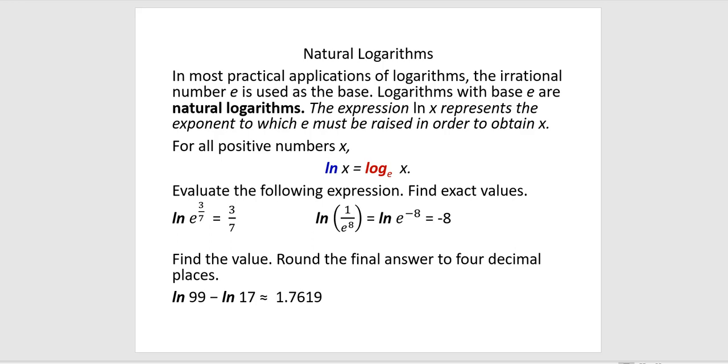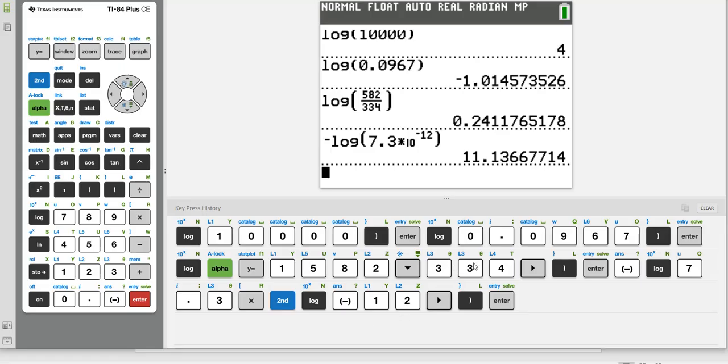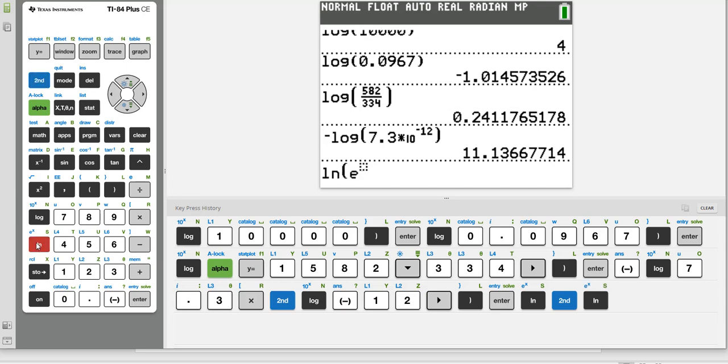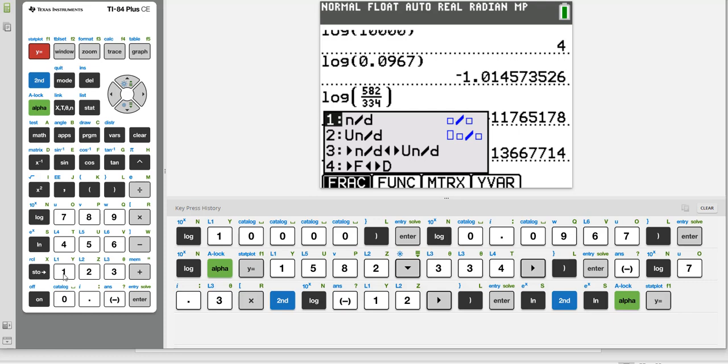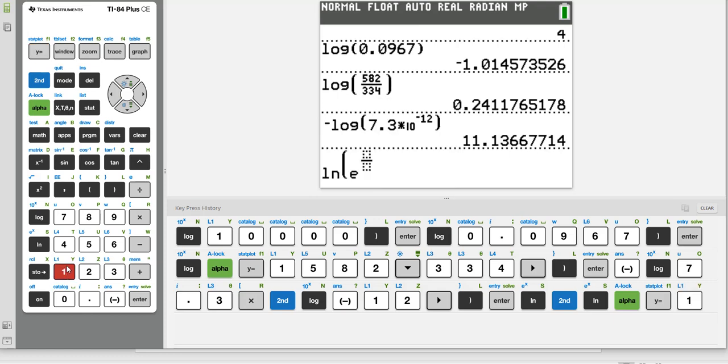To evaluate these two problems on the TI-84 calculator, press ln. Press second and the e to the x power key. Press alpha, y equals number 1. Type in 3 and press the down arrow.